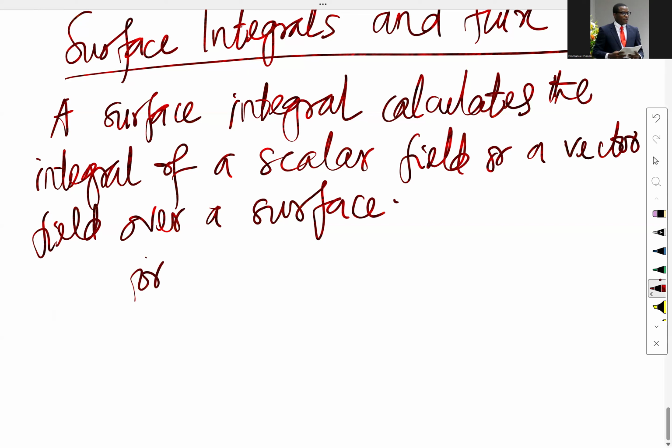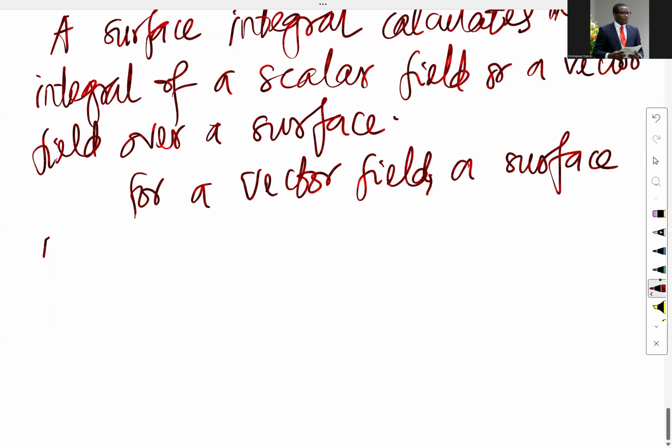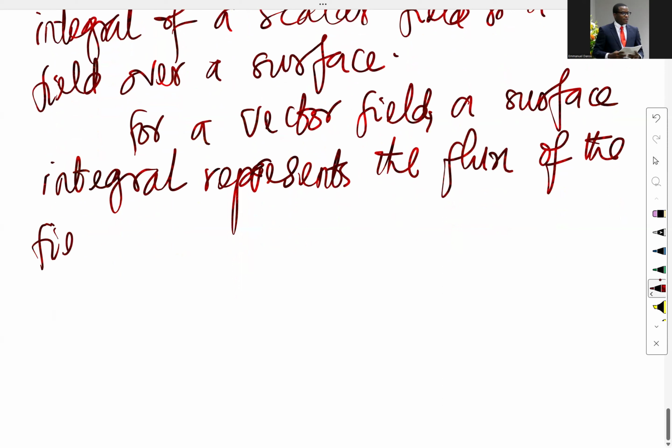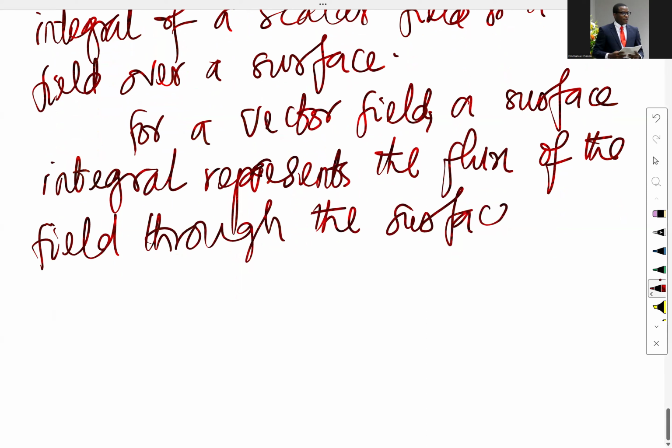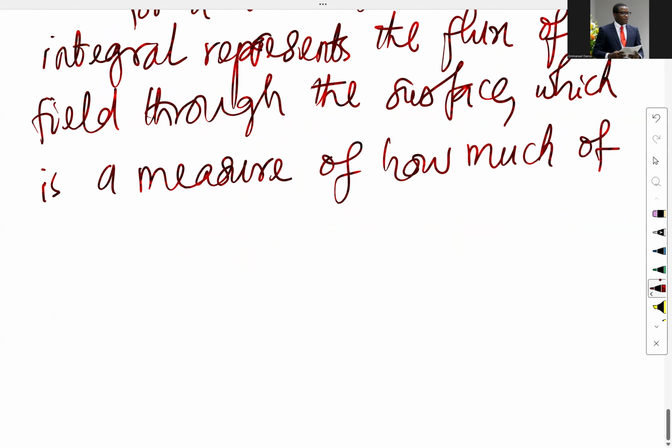So here, for a vector field, a surface integral represents the flux of the field through the surface, which is a measure of how much of the field passes through that surface.